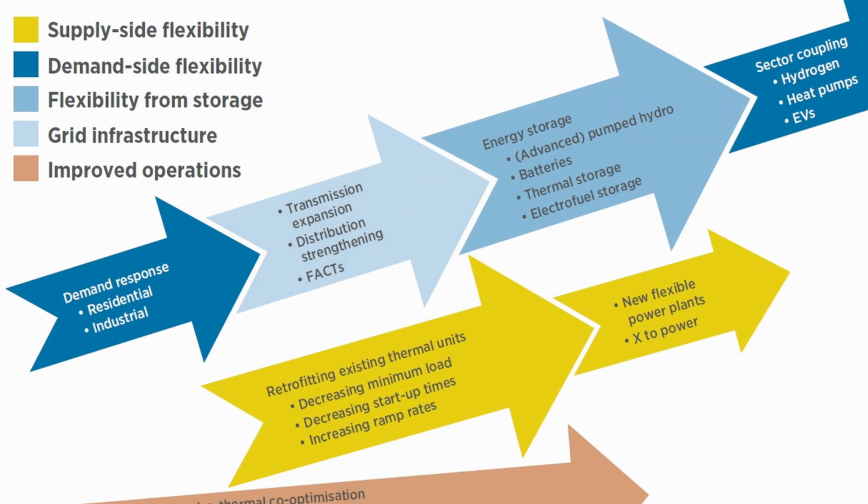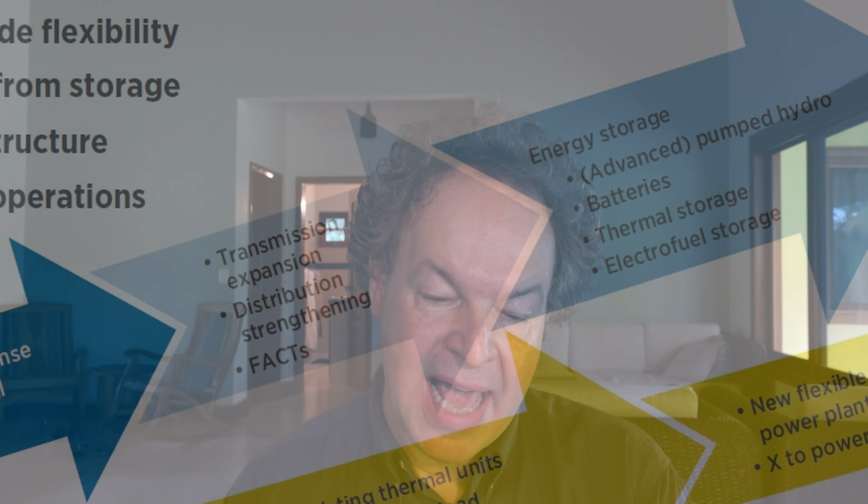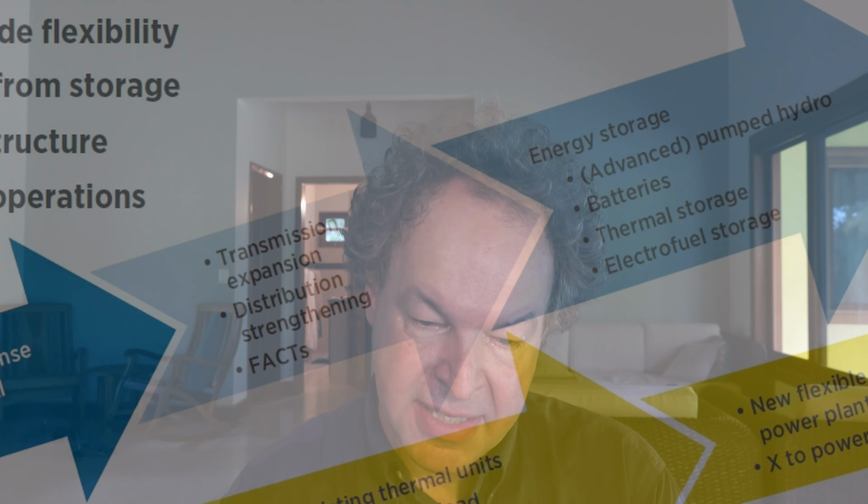And we go to the other blue part, as we discussed already on the left side, demand response, residential and industrial options. So we can also think about, in the light blue part, transmission expansion, the distribution strengthening, so-called FACTS, that means flexible AC transmission. So this also gives some additional flexibility.